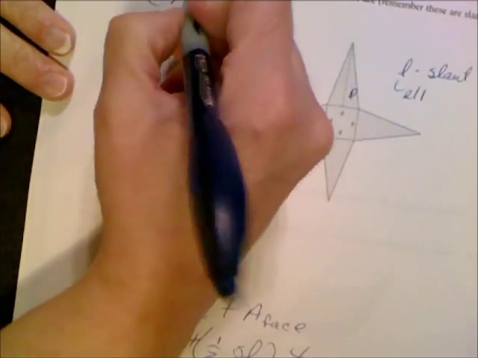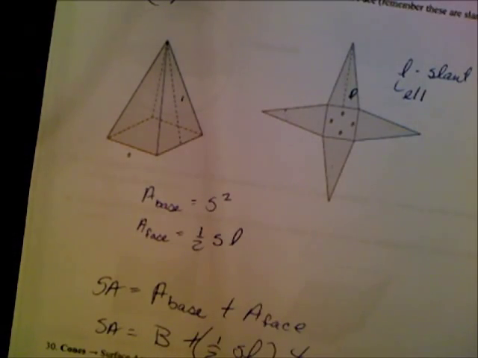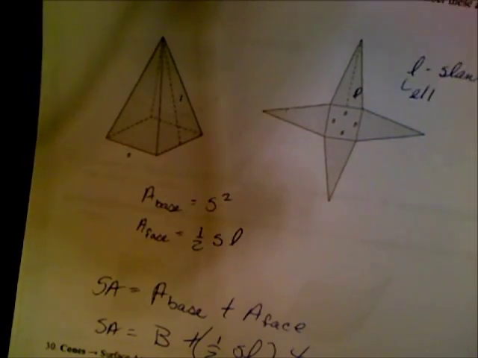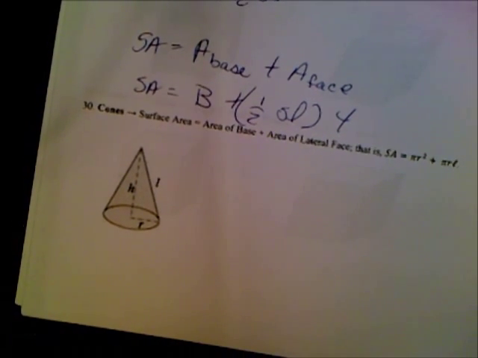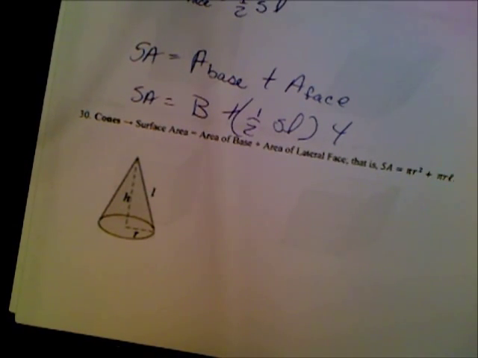So I have to multiply by the number of sides, so this should actually be times n. You need to make sure that you remember that it's not just times sL, it's times however many of those triangles you have.